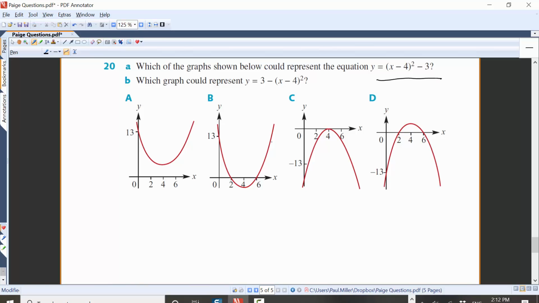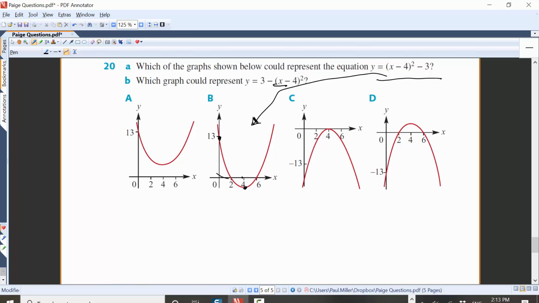Okay, so that is a graph that has moved 4 units to the right and 3 units down and is upright. Oh, excuse me, 4 to the right, 3 units down, and it goes through this one here. So let's do 4 squared is 16, 16 - 3, yep. So that function there must be this one.